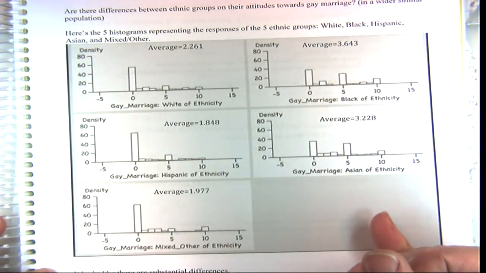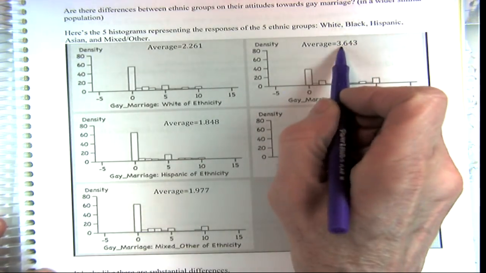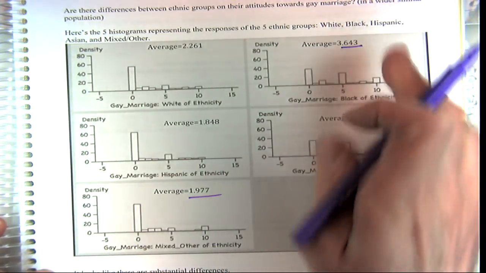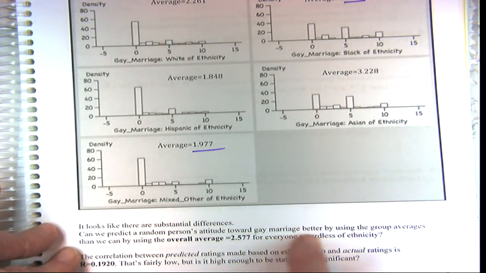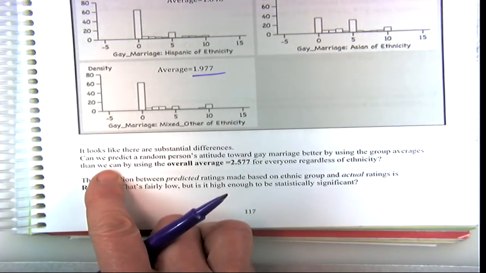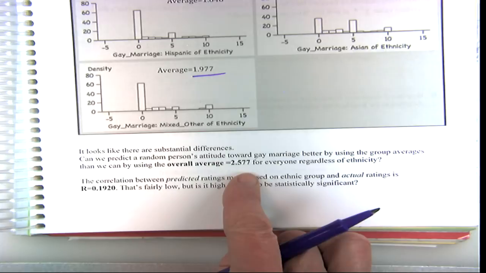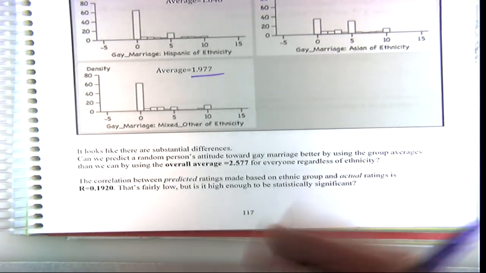Okay, so it looks like there's substantial differences. Look at this one compared to this one, looks pretty big. Can we predict a random person's attitude towards gay marriage better by using the group averages than by using the overall average for everyone, regardless of ethnicity? That is what a significance test is asking.